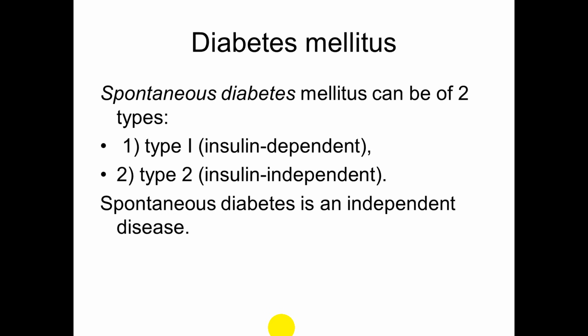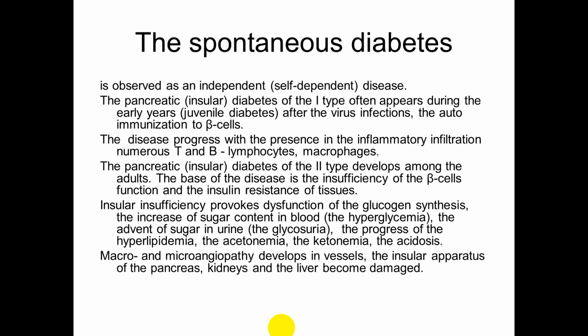Spontaneous diabetes mellitus can be of two types. First type, insulin dependent. Second type, insulin independent. Spontaneous diabetes is observed as an independent, self-dependent disease.